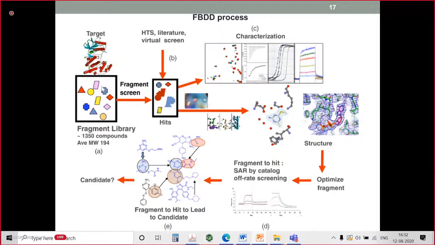Now this fragment library must have some target specificity. In another approach, say if we are using computer-aided drug design, we can simply take the different fragments and try to find the hit molecule.